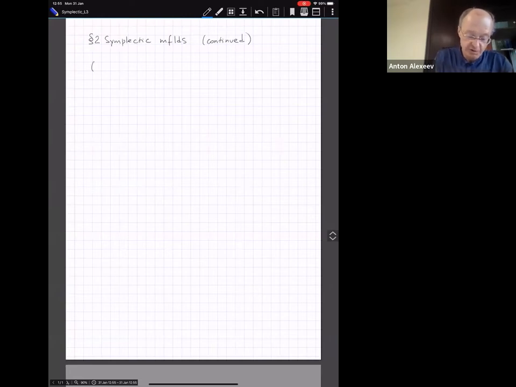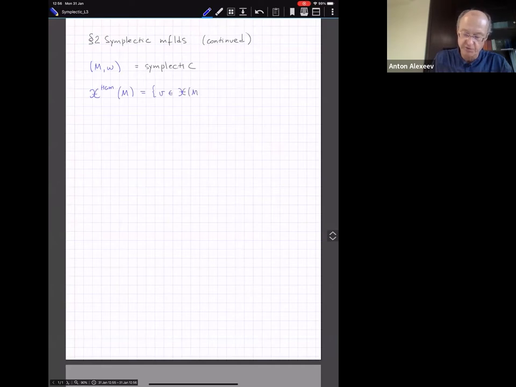First of all, let's say (M, omega) is symplectic. And let me recall Hamiltonian vector fields. So these are vector fields defined in the following way.